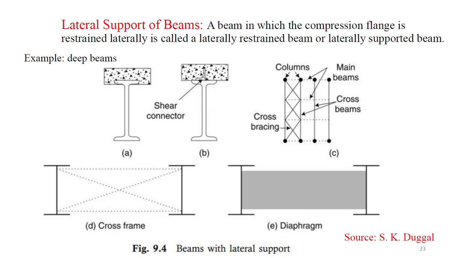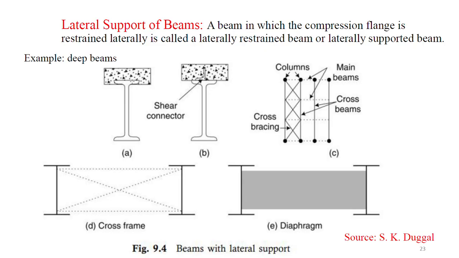If you see here, the top portion of this particular I section has been inserted inside the slab, cast inside the slab, okay. Here if you apply load over this beam, there won't be any lateral rotation or lateral deflection observed, okay.